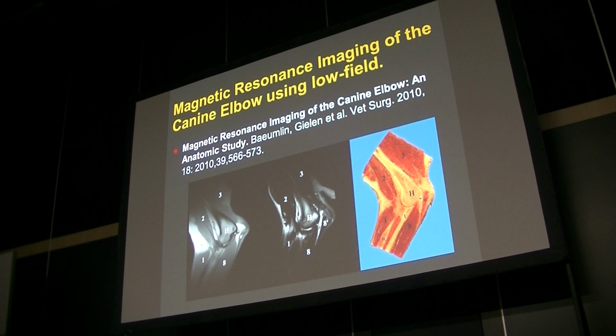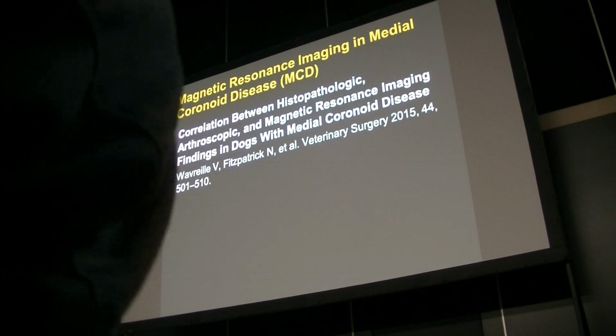We did an anatomical study a few years ago where we tried to compare all the soft tissues with the anatomic specimens, and they are very nicely visible on these 2 sagittal images. We see the superficial flexor carpi ulnaris with the 2 heads, the humeral head and the ulnar head, and this is the extensor carpi radialis.